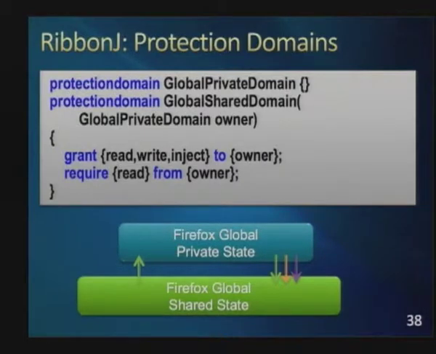So the way that this is modeled is through these grant and require statements, and it's pretty intuitive. You just say grant or require, the set of permissions, and then the named argument defined in the protection domain line, which domain that you're referring to.